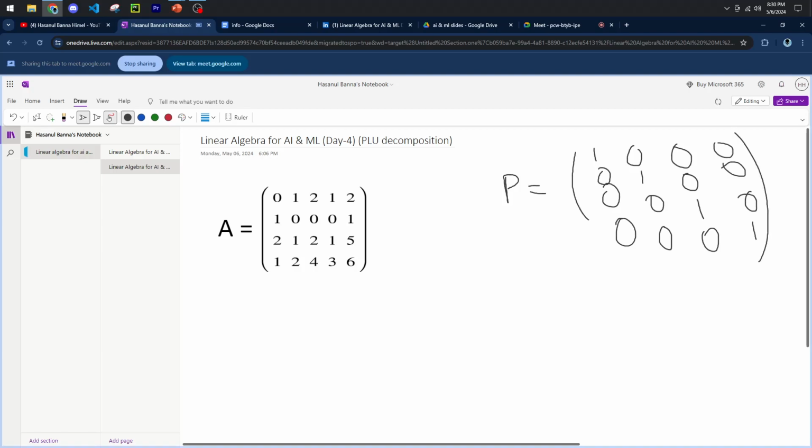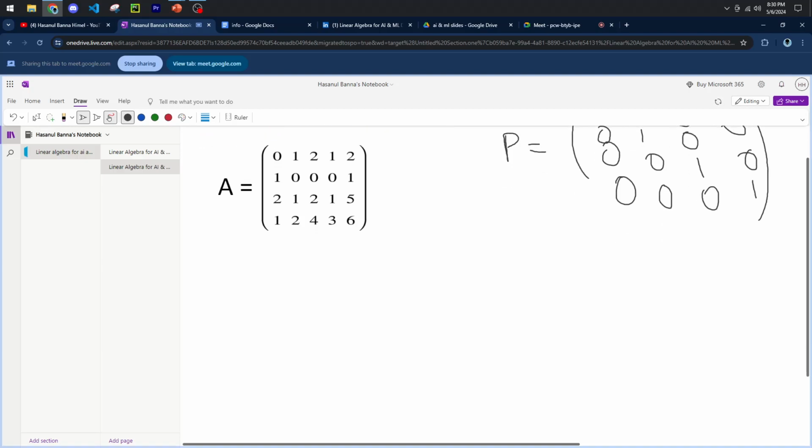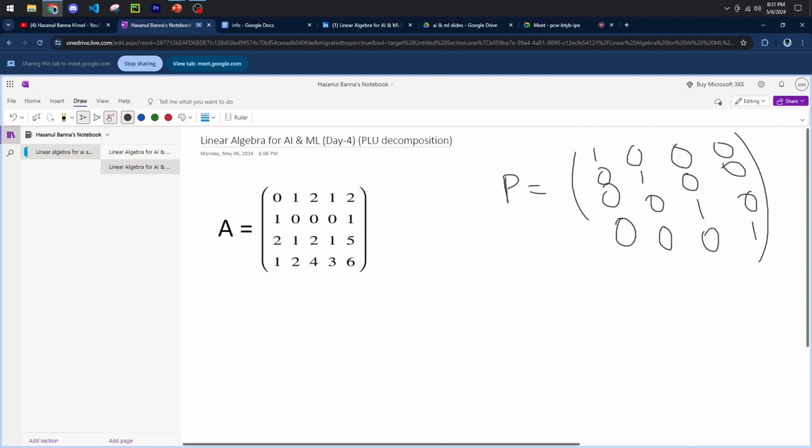As we can see in this problem, our first pivot or our first digit isn't 1, it is a 0. So we can't multiply something that will help us to make it 0. So we will do something which is called row transformation.